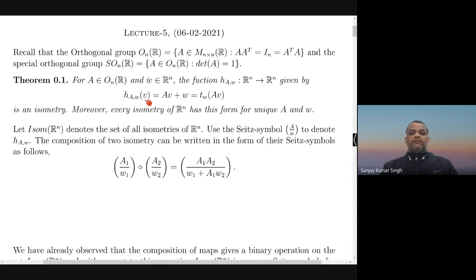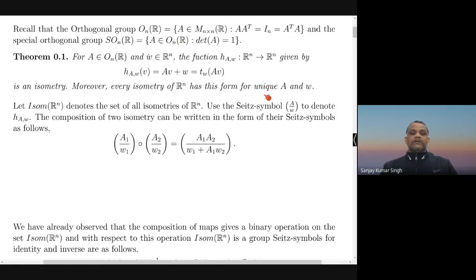It sends any vector V of Rn to AV plus W, where A is a matrix, and it sends a vector V to AV. Sometimes we also write it as the translation T_W composed with A. So the theorem says that this function is an isometry, and moreover every isometry of Rn has this form.